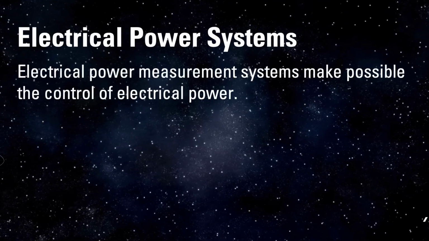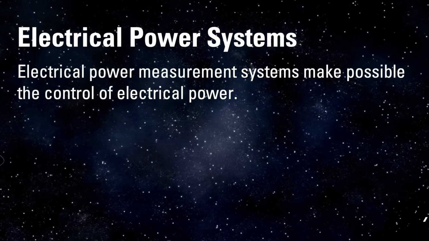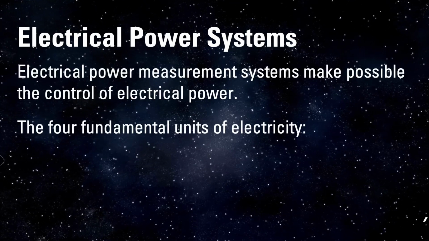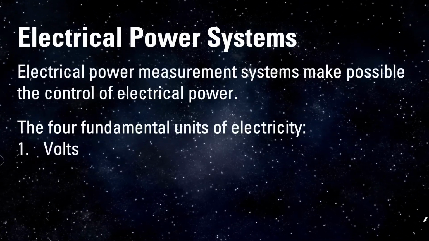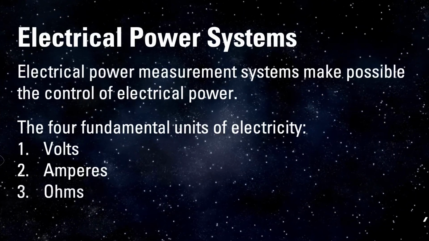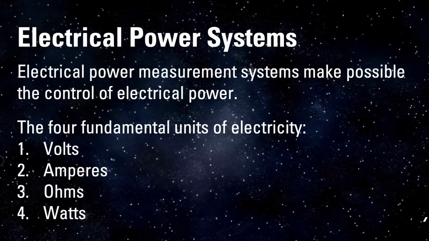Electrical power measurement systems make possible the control of electrical power. The following are the four fundamental units of electricity. The first unit is volt, the second is ampere, the third is ohm, and the fourth unit is watt.